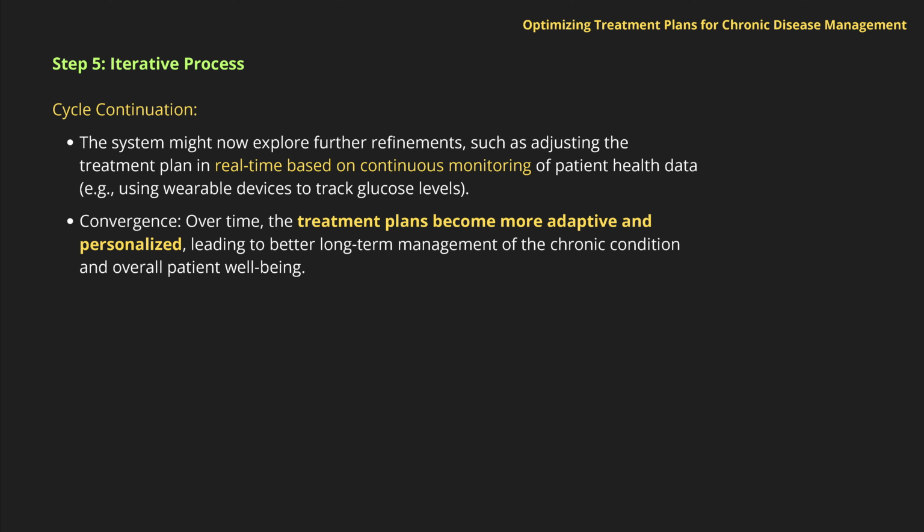So you see, time goes on, and if we integrate an artificial intelligence in the loop with this methodology, by this publication that I've shown you, with the Monte Carlo Tree Search, over time the treatment plan might become better, more adaptive and more personalized, leading to a better long-term management of the chronic condition, and hopefully we achieve an overall patient well-being.